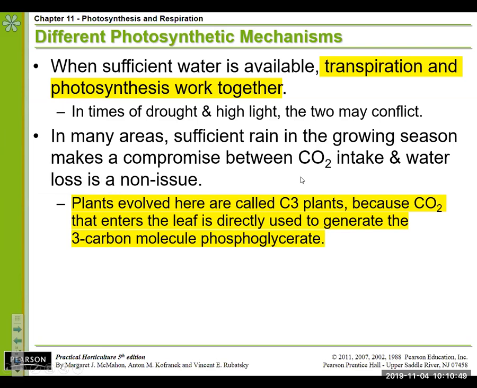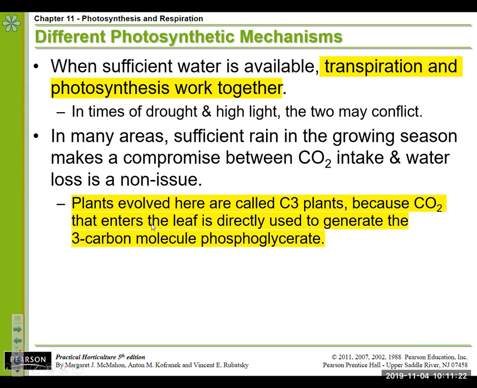If we don't have sufficient rainfall, then we get that equilibrium out of sync. We might have more transpiration than photosynthesis, which causes wilt, and eventually, if that's not corrected, will cause death in the plants. The plants that have evolved in climates where there is sufficient natural rainfall often go through this particular photosynthetic pathway, which we kind of think of as the regular photosynthetic pathway, the C3 plants.